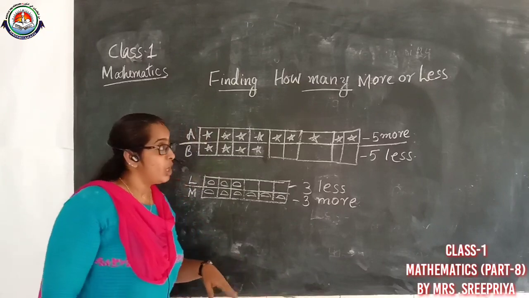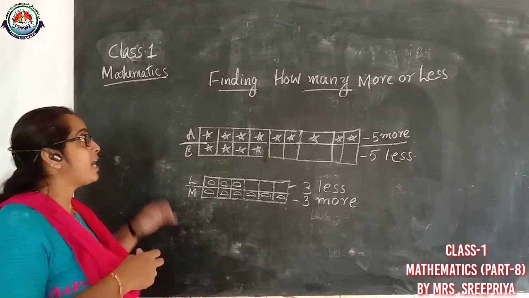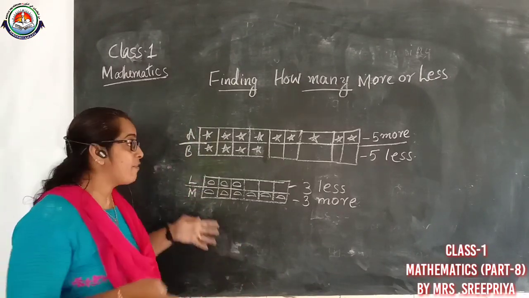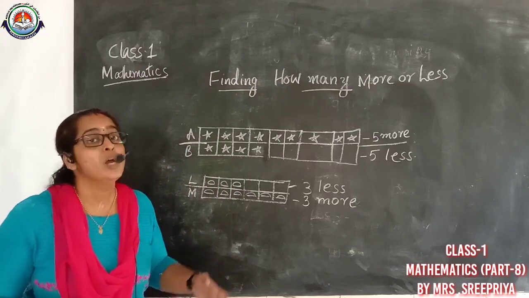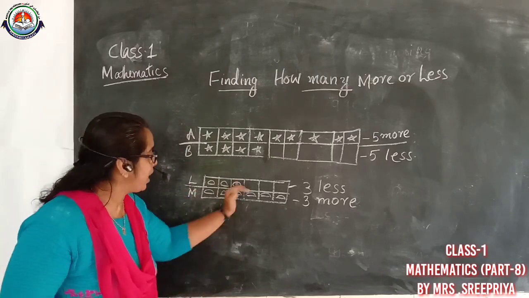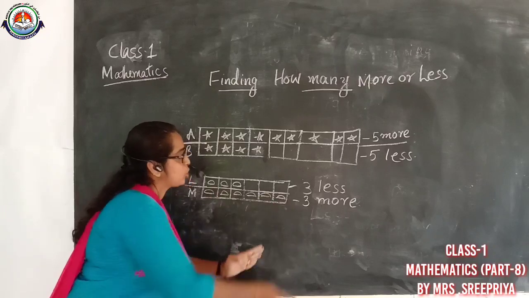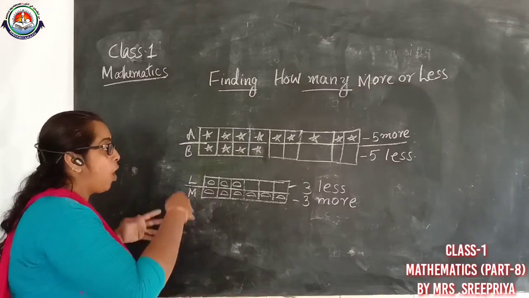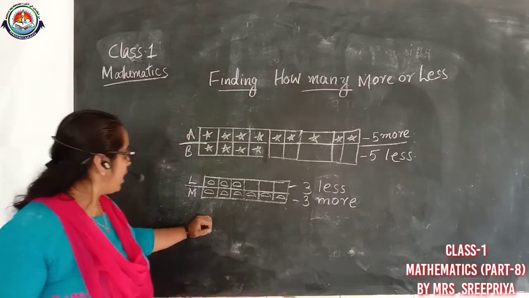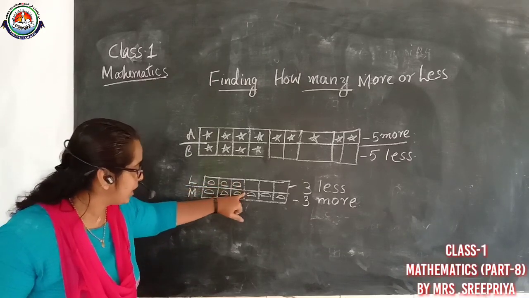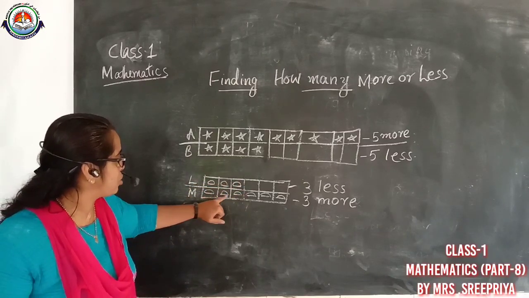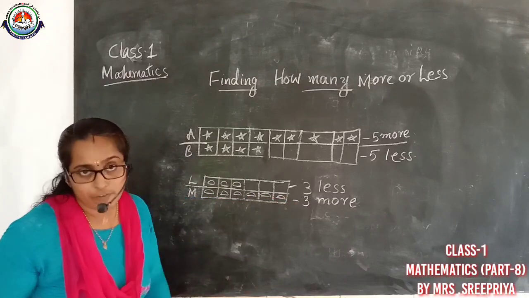So you understood less and more? How can we find how many less and how many more? We need to check how many empty boxes are there and how many more are drawn there. Then we understand how many more are there. See, in the first group, 3 are there. In the second group, how many? 1, 2, 3, 4, 5, 6, 7.